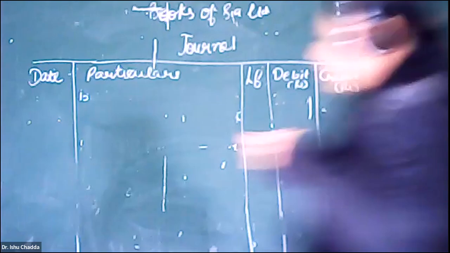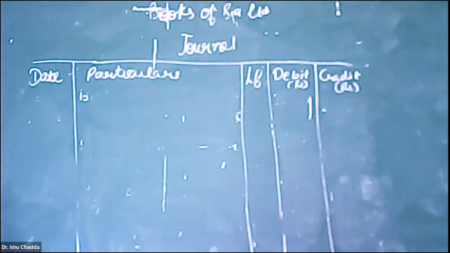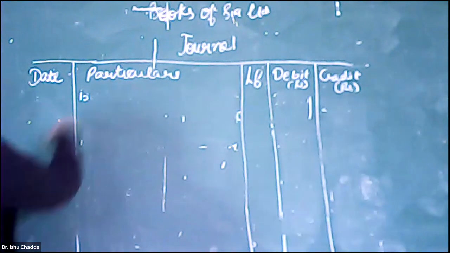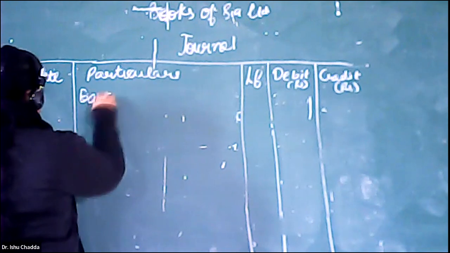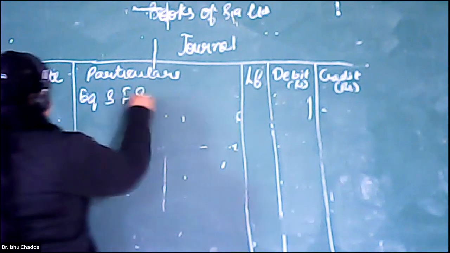So what comes next? They have made the call, first and final call. So equity share first and final call account debit to equity share capital account.